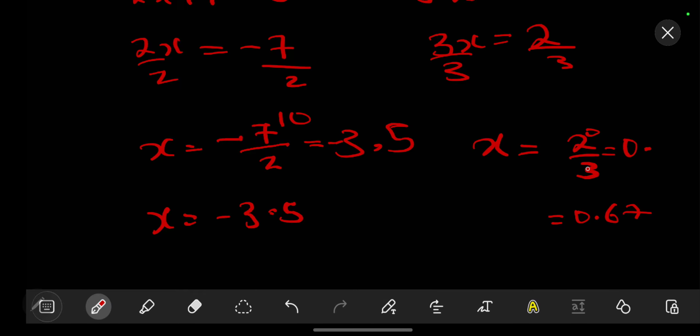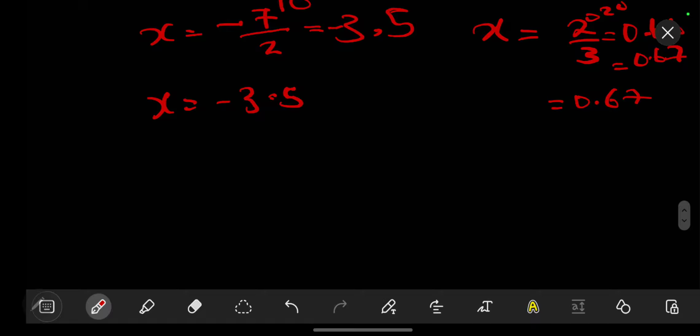We add a 0. 20 divided by 3 gives us 6. The remainder is 2. It continues like that, 6, 6, 6, which in this case can be rounded off to 0.67. So these approximations are very important as we now come up with our final answer.